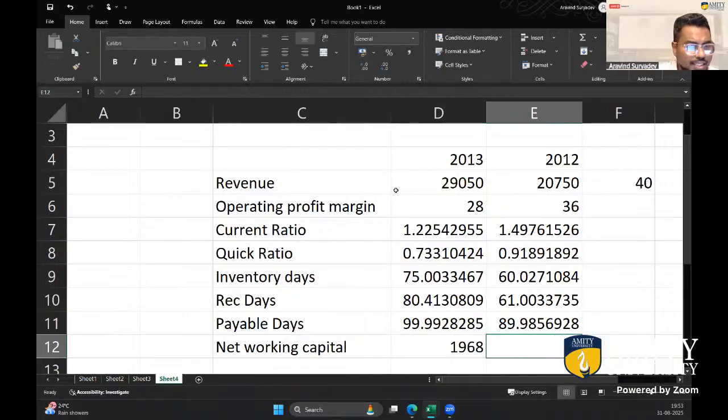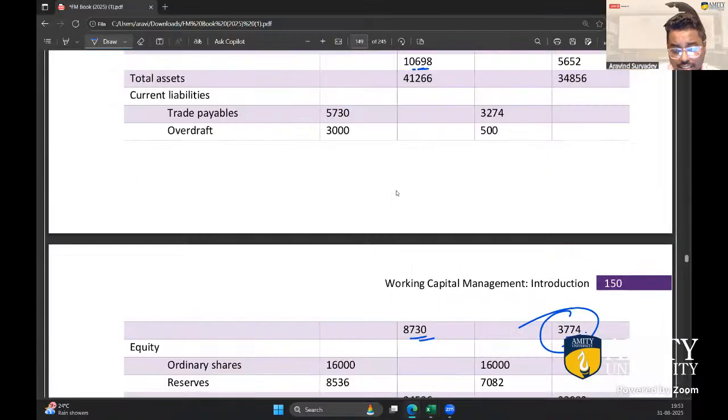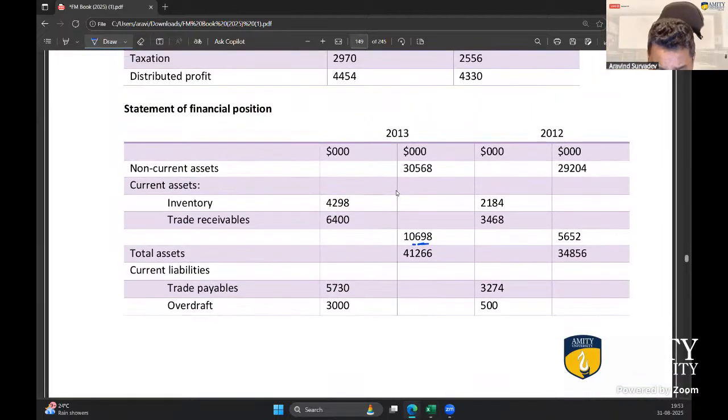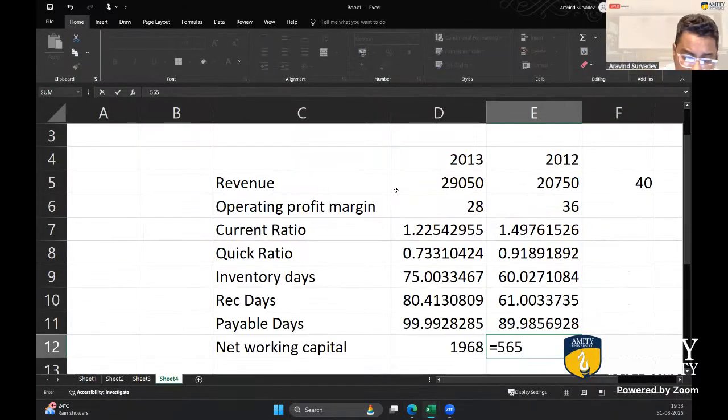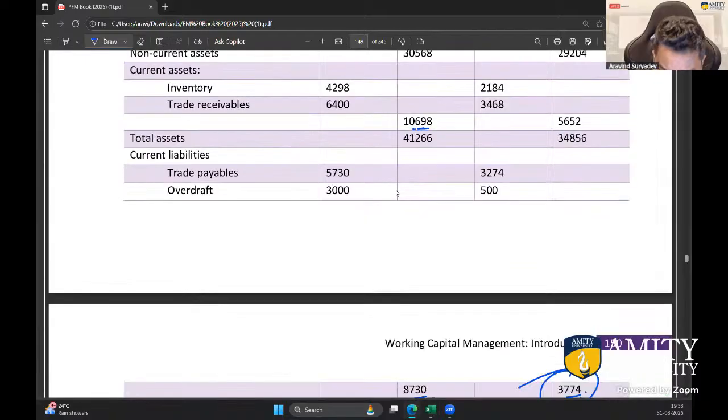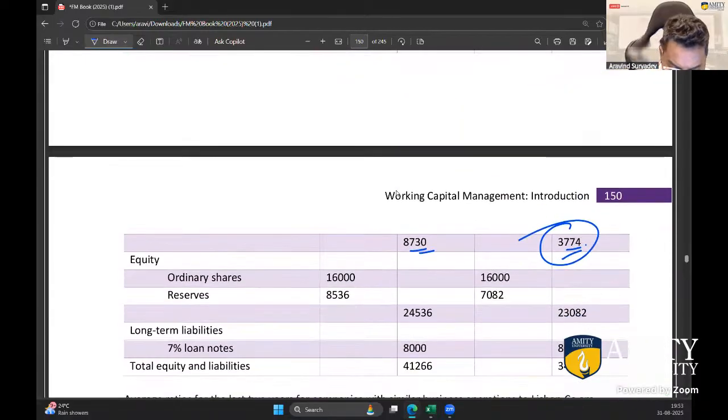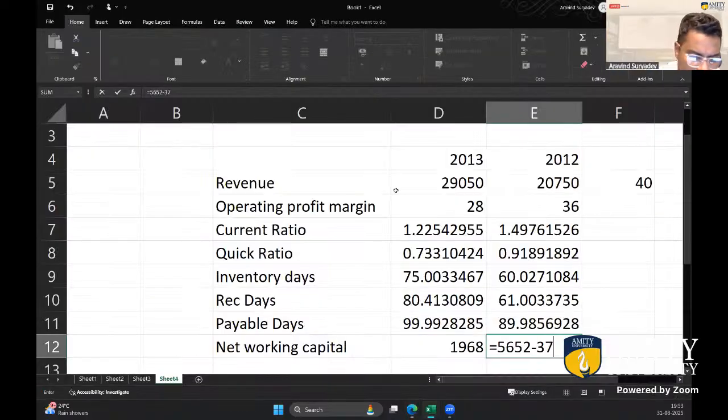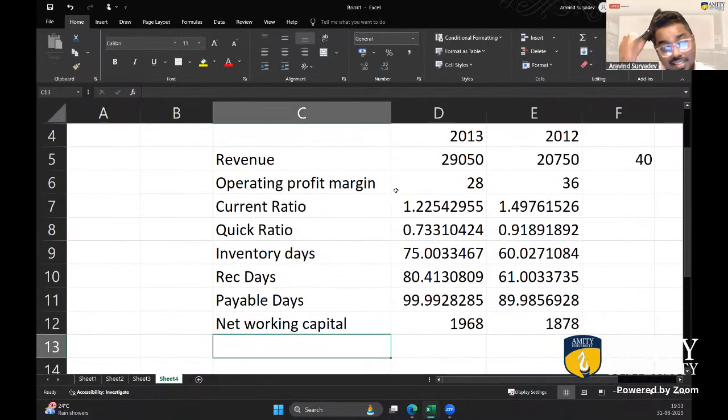This gives me 1,968. Let's see how much this was in the previous year. In the previous year, it was 5,652 minus 3,774. Okay, so 1,878. Yes, there is an increase in the net working capital also.